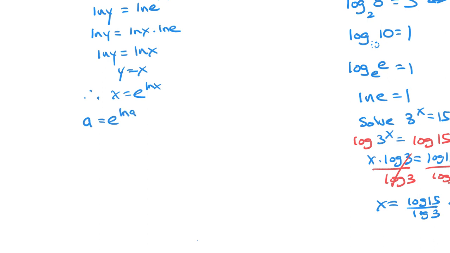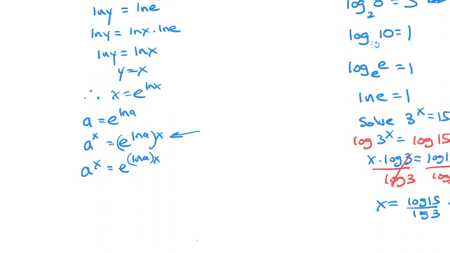And then if we raise each of these to the power of x, since I've got an equation, I can do anything I want. I'm going to raise this to the x power, and I'm also going to raise this side to the x power. And if that's true, then that means that a to the x equals e to the natural log of a times x.